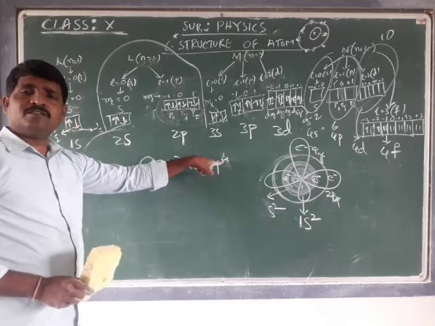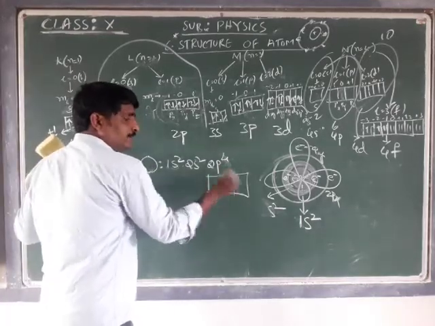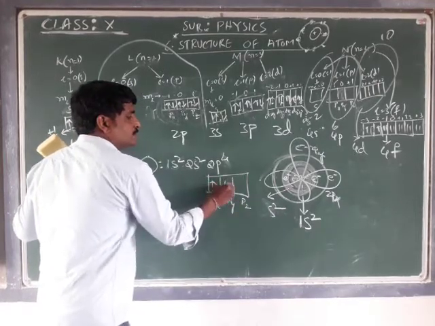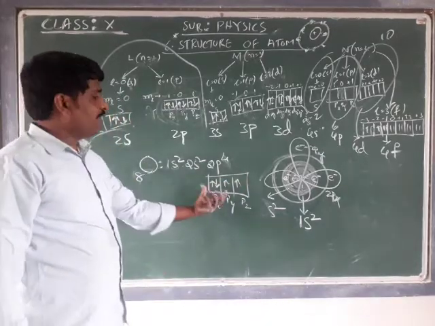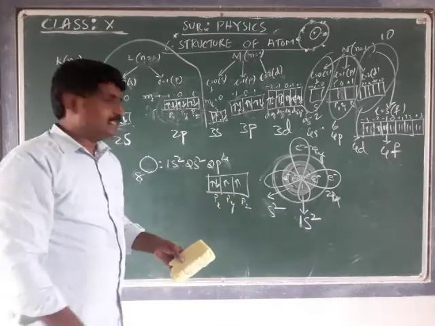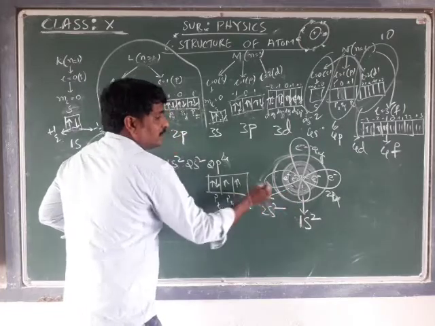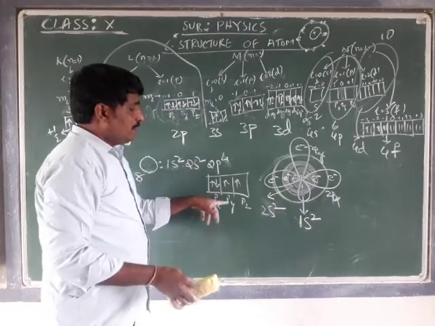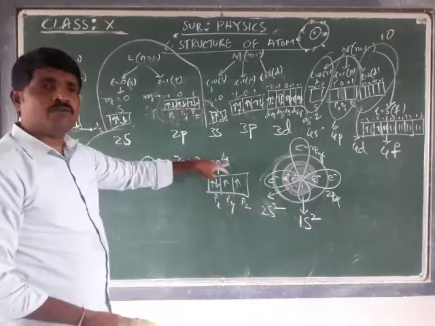Those 4 are accommodated here. With the orientation concept, px, py and pz get 1, 2, 3 electrons, and one more electron goes in px. Why write single first and then pair? That is Hund's rule, which we will discuss in the next session. So 1s contains 2 electrons, 2s contains 2 electrons, px contains 2 electrons, py contains 1 electron, and pz contains 1 electron. That is 2 plus 2, 4, plus 4, 8 electrons.